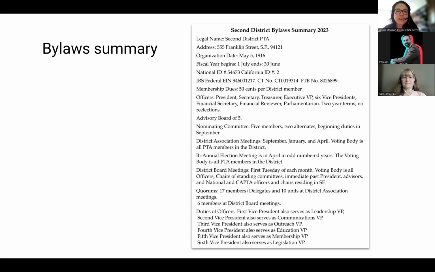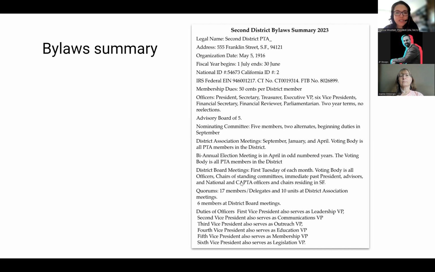It has certain things like ID numbers that you'll often need to access the leadership website. You'll need that California ID number on the front of your bylaws. It lists who your officers are. Some bylaws will only have the basics: the president, the secretary, and the treasurer. It will always list the appointed officer of a parliamentarian.